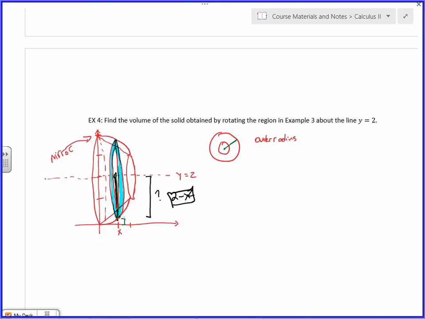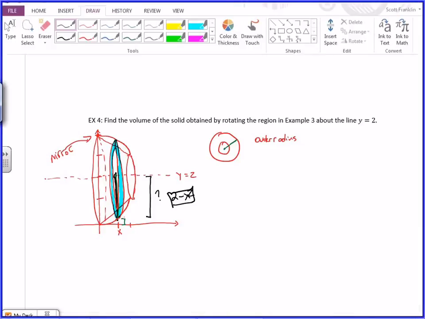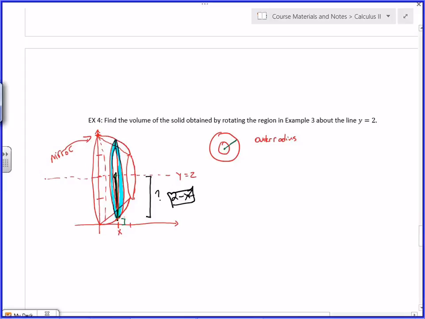Okay? So the outer radius in this picture is 2 minus x squared, and the inner radius is 2 minus x. It's from the center out to that curve when we're revolving around something other than the axis.